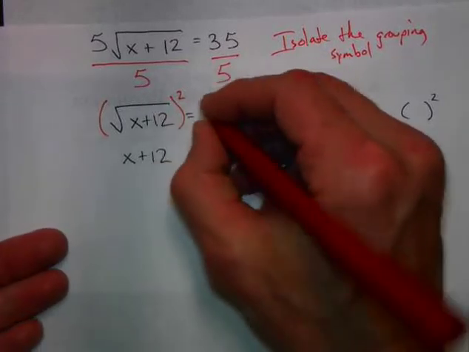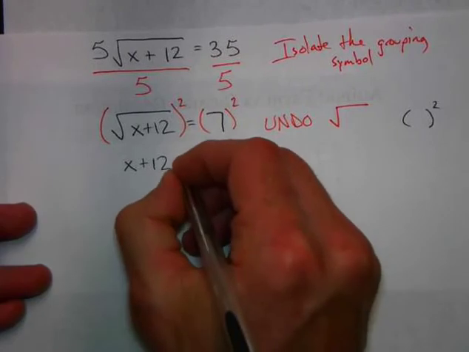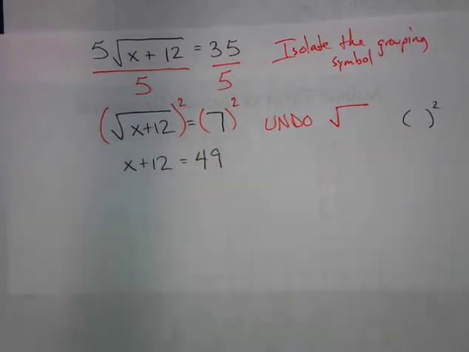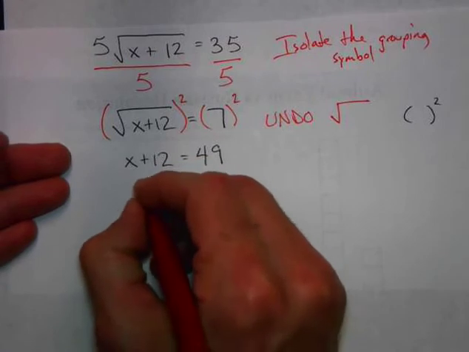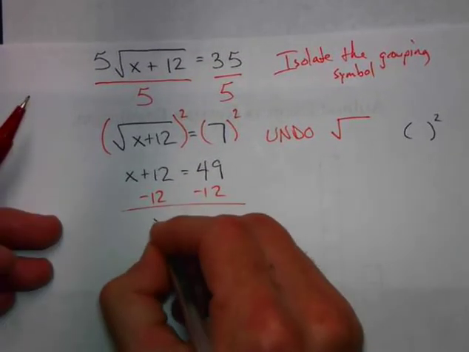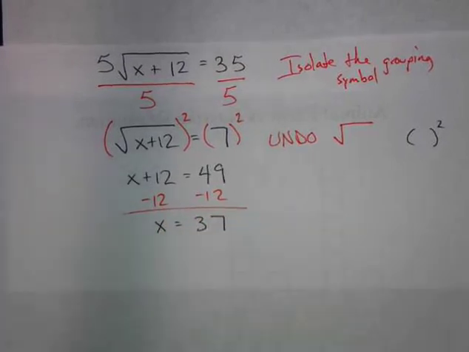If we raise the left-hand side to the second power, we have to raise the right-hand side to the second power. And so we have 7 to the second power is 49, and the rest is cake. We have to be careful with our operations and how they are undone. So now we isolate the x by subtracting 12 on both sides, and x will be equal to 37. So there is our solution.